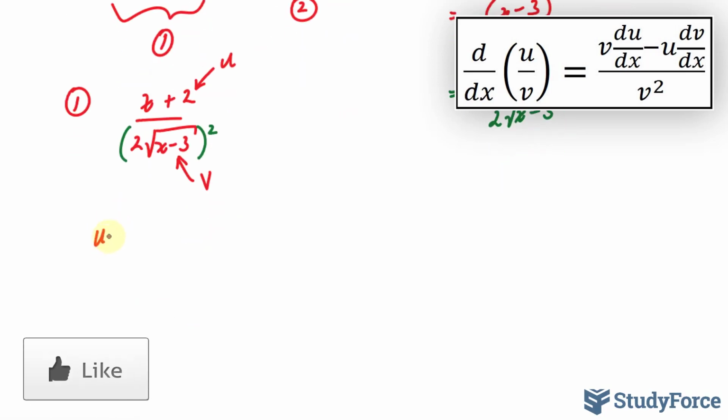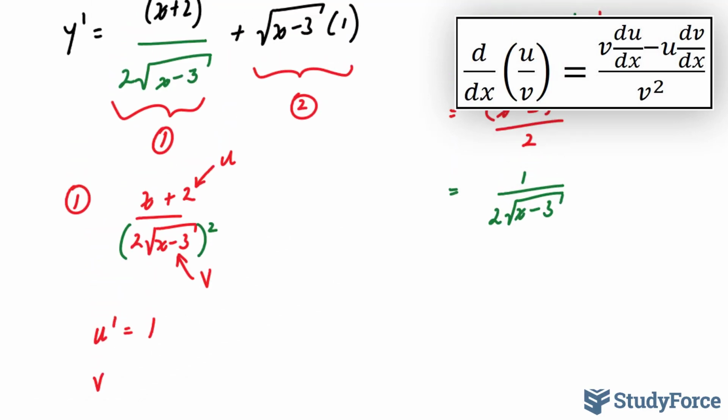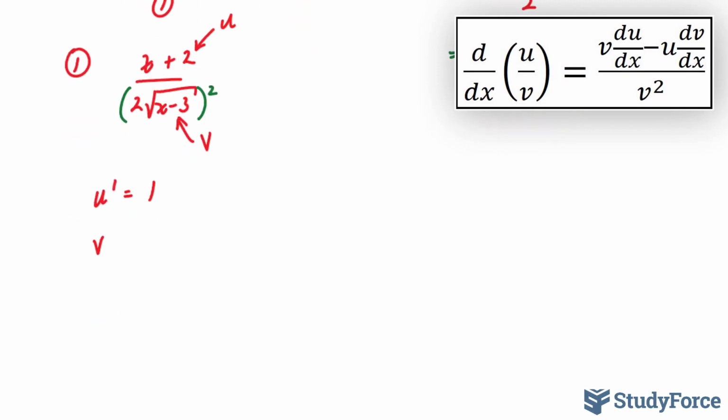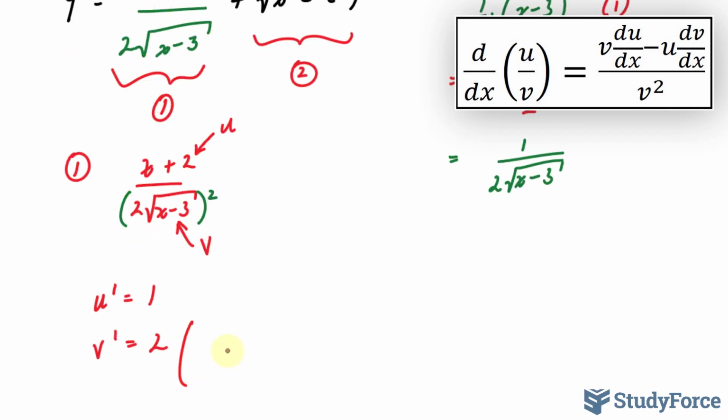Finding the derivative of u is easy, it's 1, and the derivative of v, we can go ahead and use what we did over here, where I found the derivative of x minus 3 to the power of half happened to be the following. And remember, we have a 2 out here, so we have 2 times 1 over 2 times the square root of x minus 3.